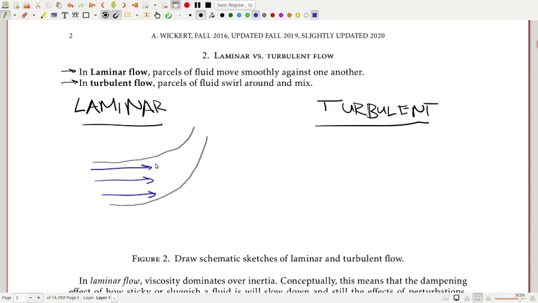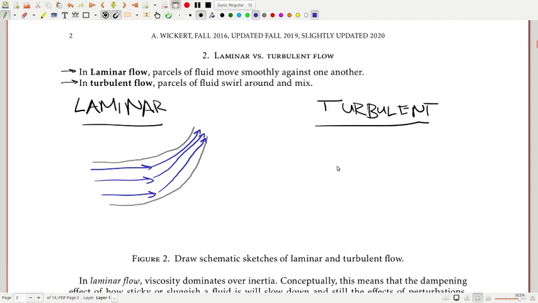The flow lines will still stay parallel to each other. There we go. And they will not cross. Pretend that's slightly more perfect than I drew it. Not that little oopsie in the middle.